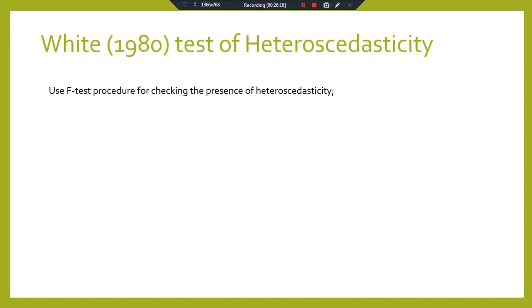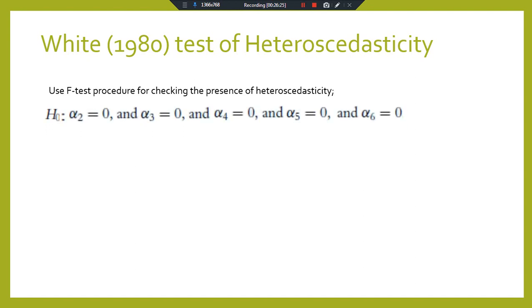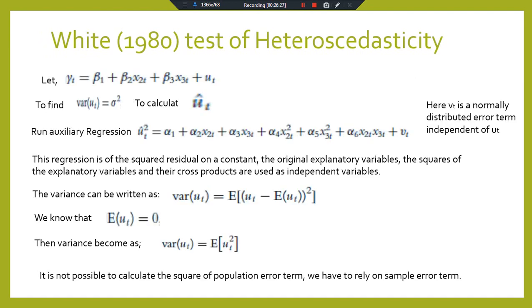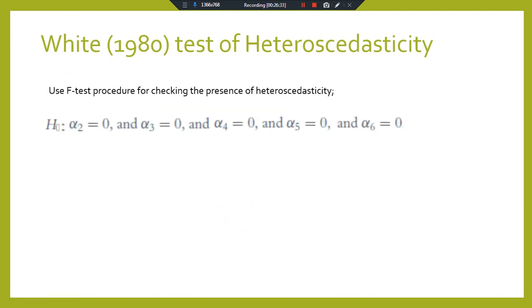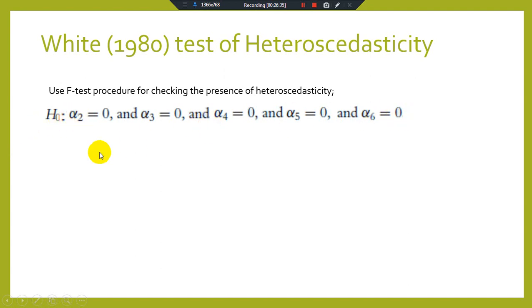Okay, use the F-test procedure for checking the presence of heteroscedasticity in our data. We have alpha 1, alpha 2, alpha 3, alpha 4, alpha 5, and alpha 6. So all 6 alphas are tested, and we have to develop the null hypothesis with all 6 alphas here.